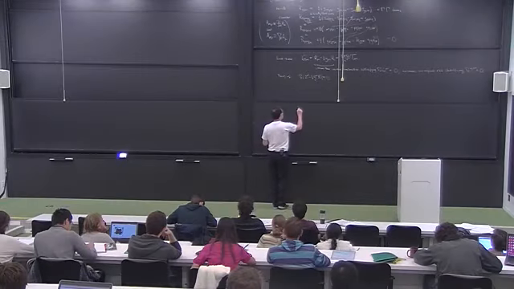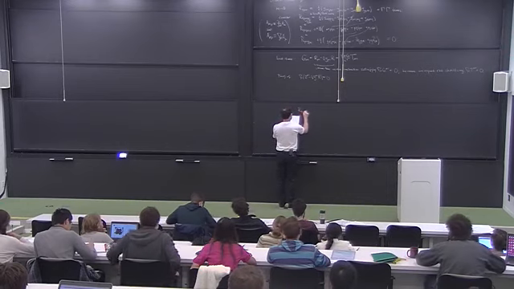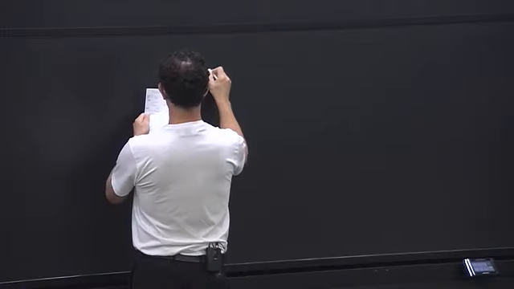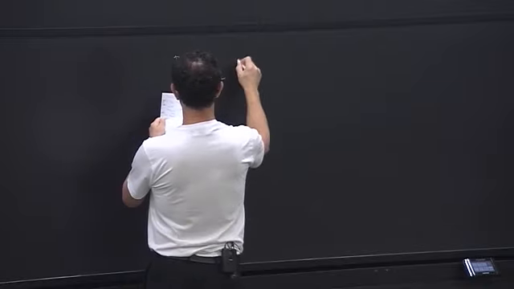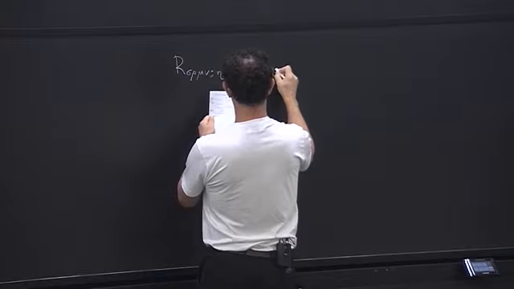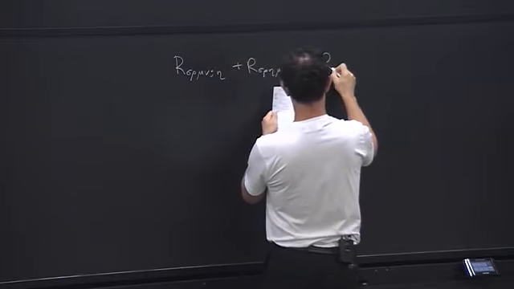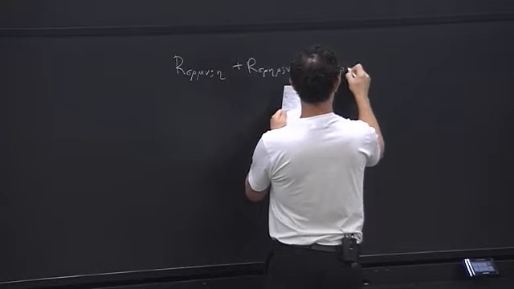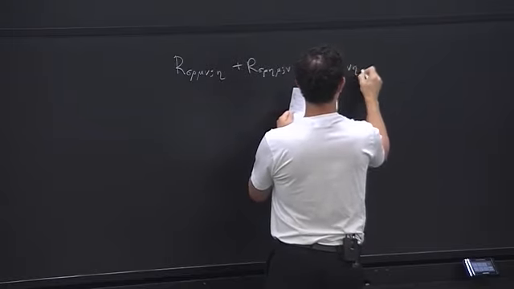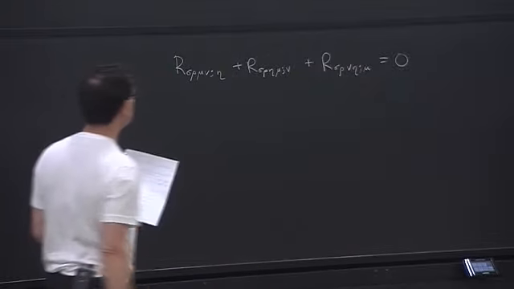And now what we do is use it. So we have sigma rho mu nu colon eta plus sigma rho eta mu nu plus sigma rho nu eta mu equals 0. That's the Bianchi identity.